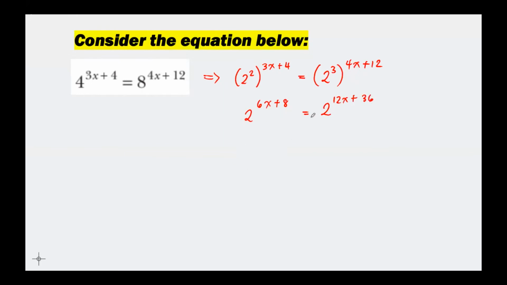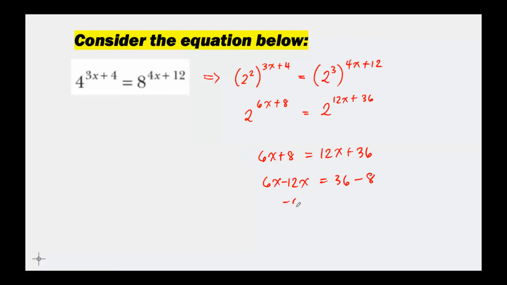And if you notice now, the bases are equal. So the same process that we did in the previous example, we just need to make the exponents the same. So 12x plus 36. So that gives us 6x minus 12x is equal to 36 minus 8.